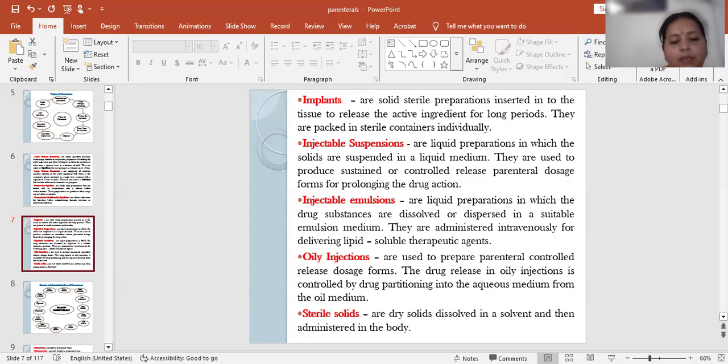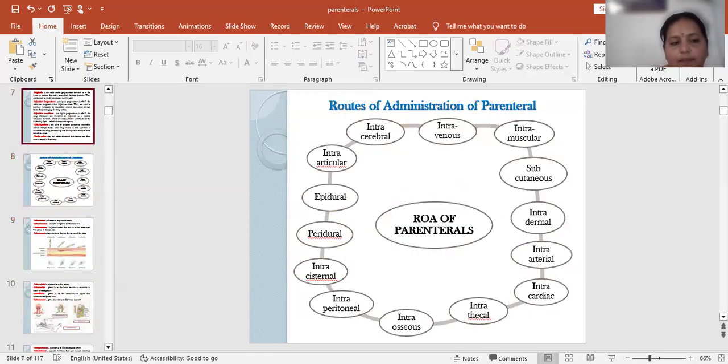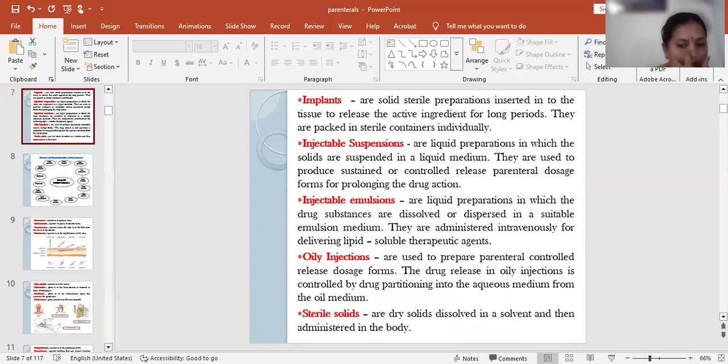Mostly these oily injections are given by the intramuscular route. This is used for the slow release of the drug over time. For example, testosterone injections. And next, sterile solids. These are dry solids dissolved in a solvent and then administered into the body.